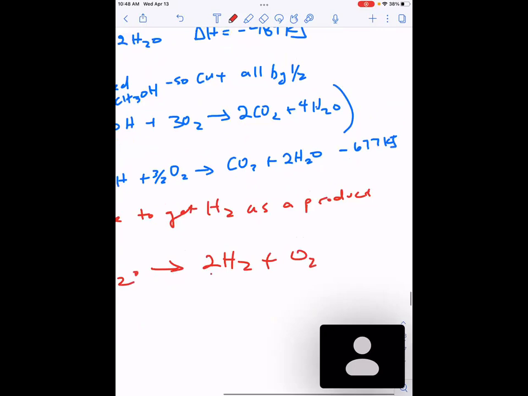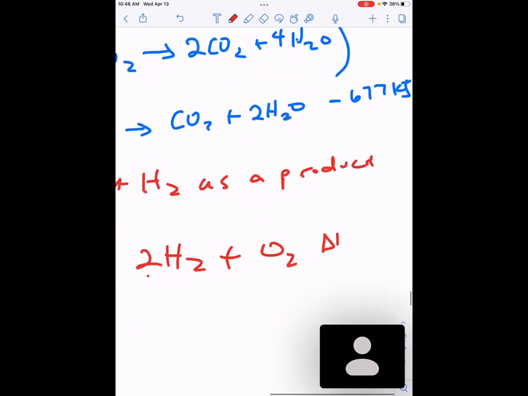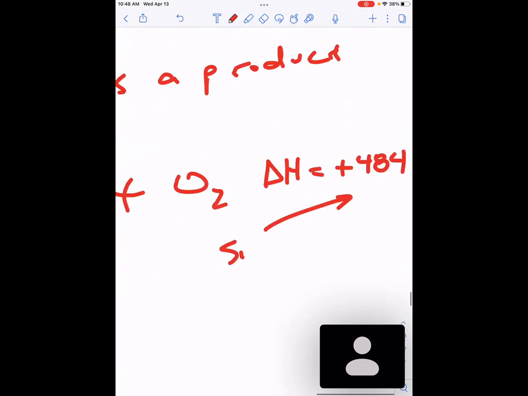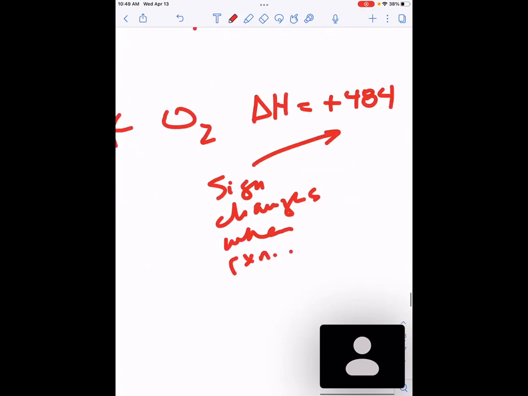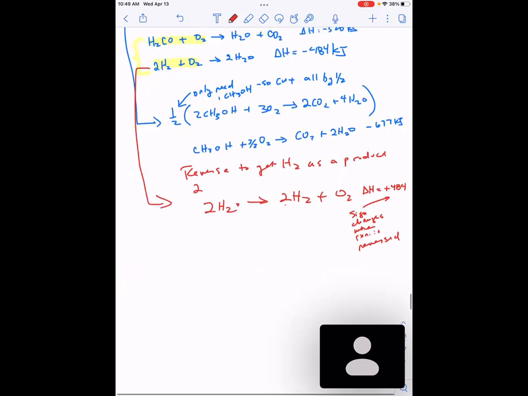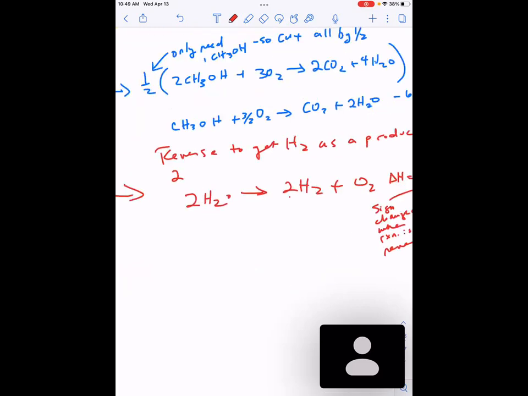So instead of being negative 484, it's going to be positive 484. All right, so that's that. Now we got the H2 on the other side.